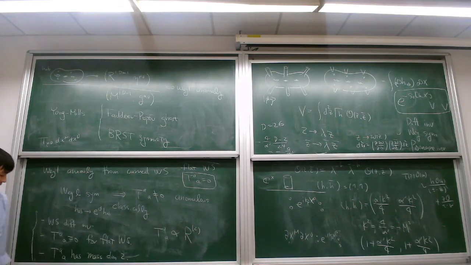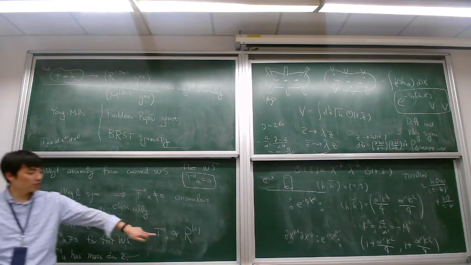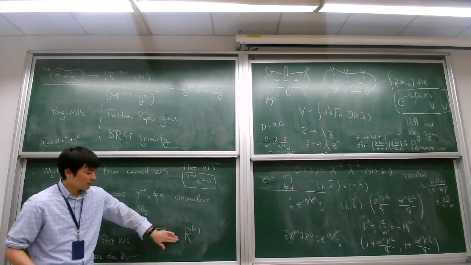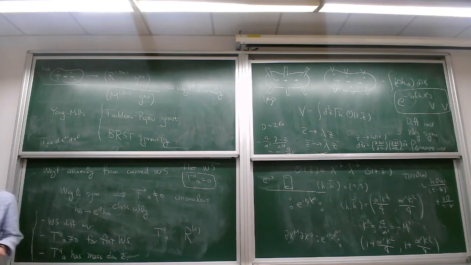Also, the Ricci scalar in 2 dimensions has mass dimension 2, so it should be proportional to R. That's what physicists usually do; it's a natural guess.